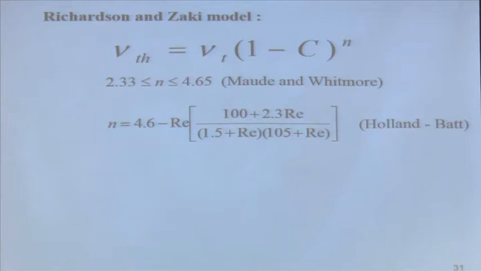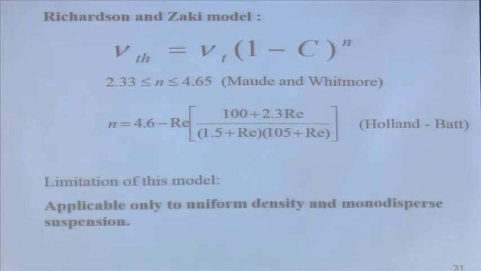Okay. So, limitation of this model, that is what at the beginning I said, that I will show you the most popular models and their limitations and which one I should use. It is applicable only to uniform density and monodisperse suspensions.